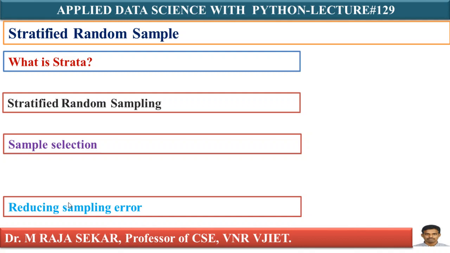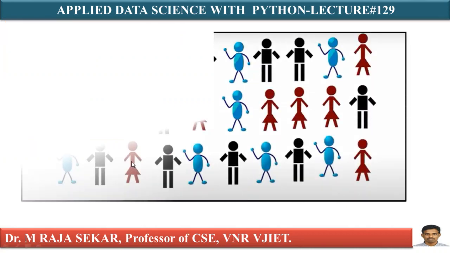This particular sampling technique is useful to reduce the error. A random sample is selected from each stratum. That's what I told you. The selection process is that your sample must be selected from each stratum, and the reason behind stratified random sampling is simply to reduce the sampling error. How one can reduce sampling error, we will try to understand after a few seconds.